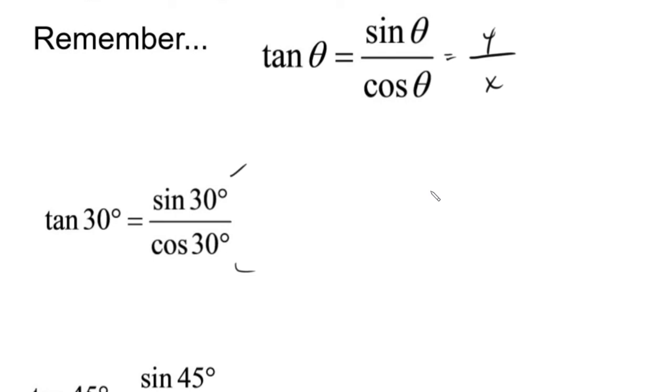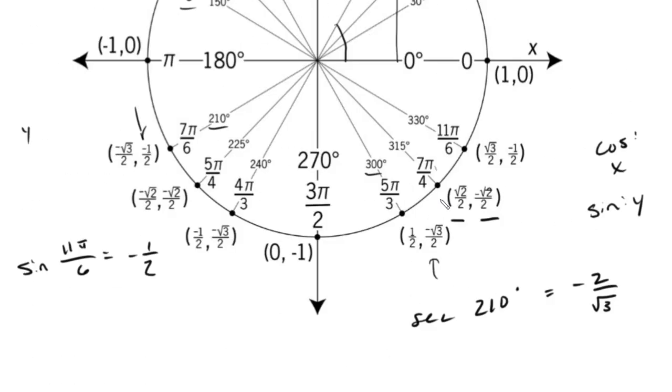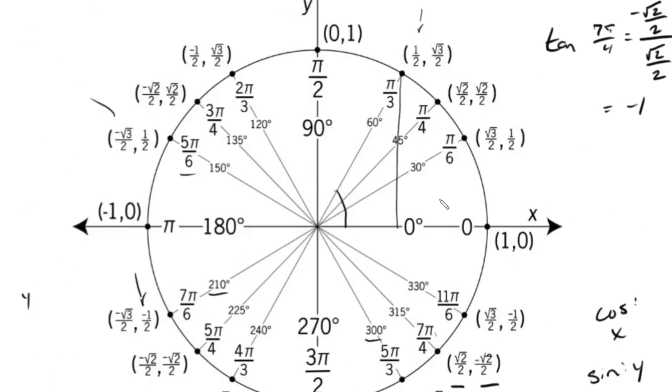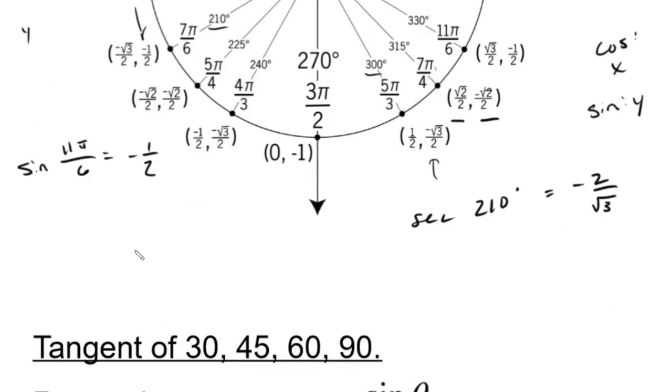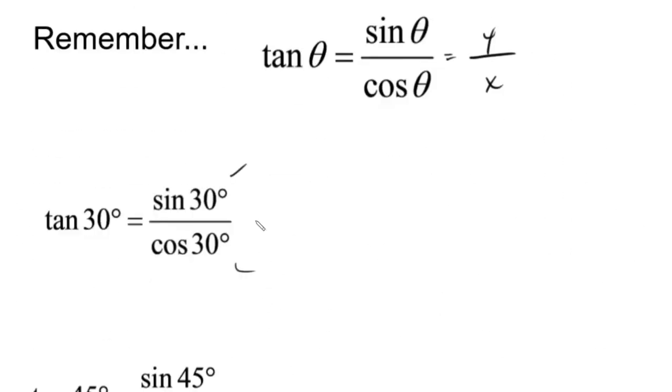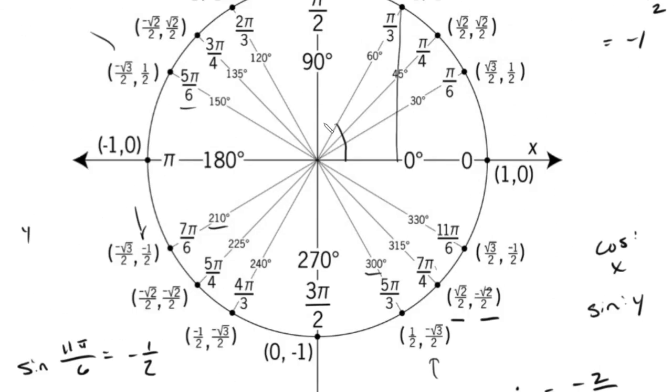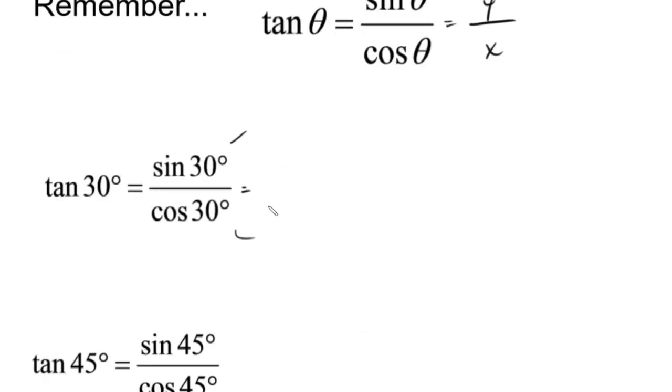I was going to go through here and do each of these, so let's go ahead and do that. So tangent of 30 would be sine of 30, which is a half, over the cosine of 30, which is square root of 3 over 2. Multiply by the reciprocal.